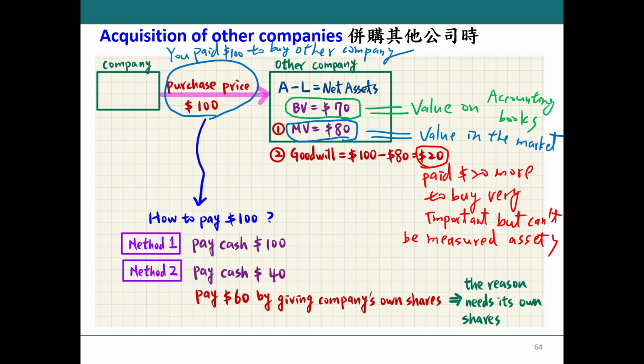Location, for example. For example, loyalty. 忠诚度 and so on. So, they are not stupid. They find very important but cannot-be-measured assets. So they are willing to pay more money.